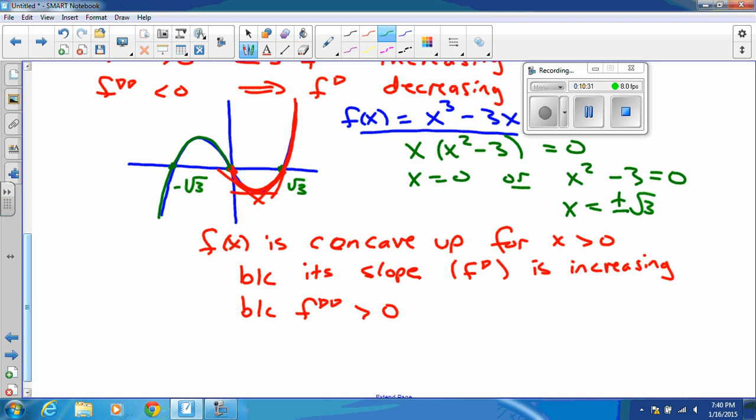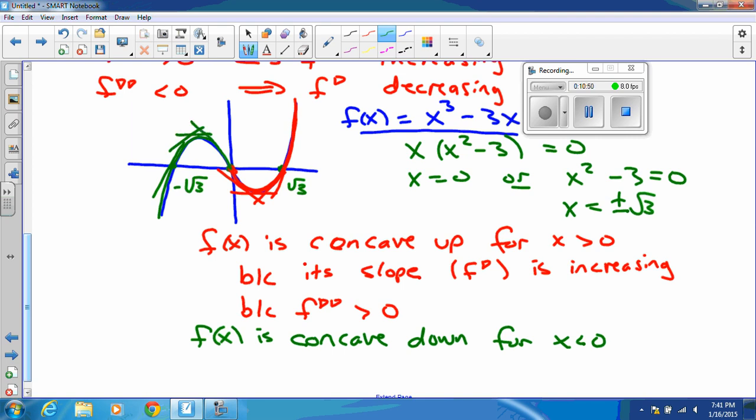Likewise, for x less than 0, you can see that the curve is shaped concave down. It is curved downwards, for x less than 0. Why?